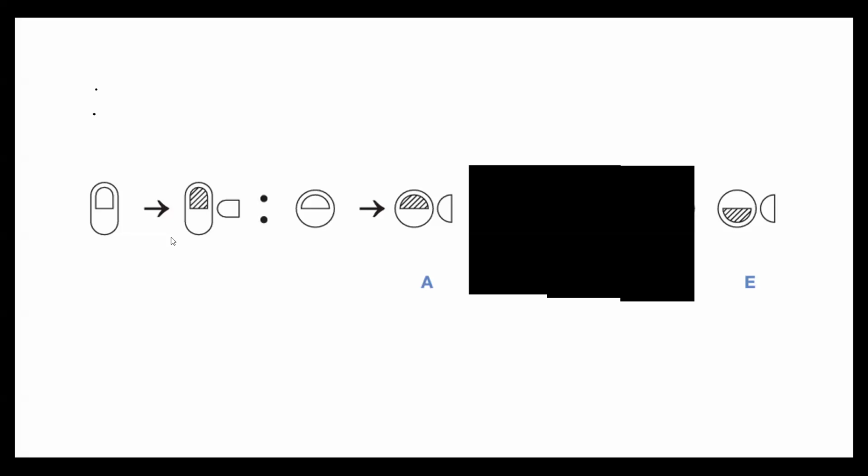Hayden, how can we decide between A and E? Can you hear me? Yes, I can. Okay, I finally got it working. The middle inside the circle on one of the shapes is down, one of them is up. We've got to figure out which one's up and which one's supposed to be down.